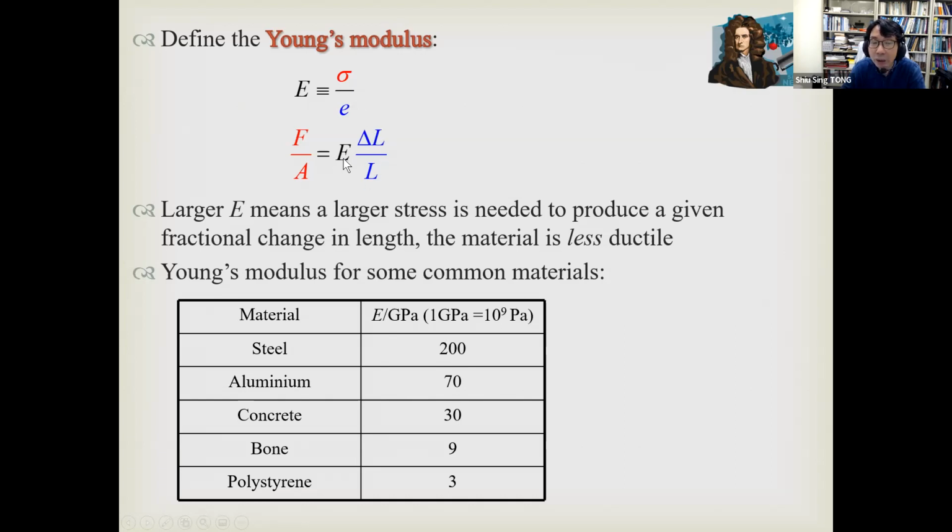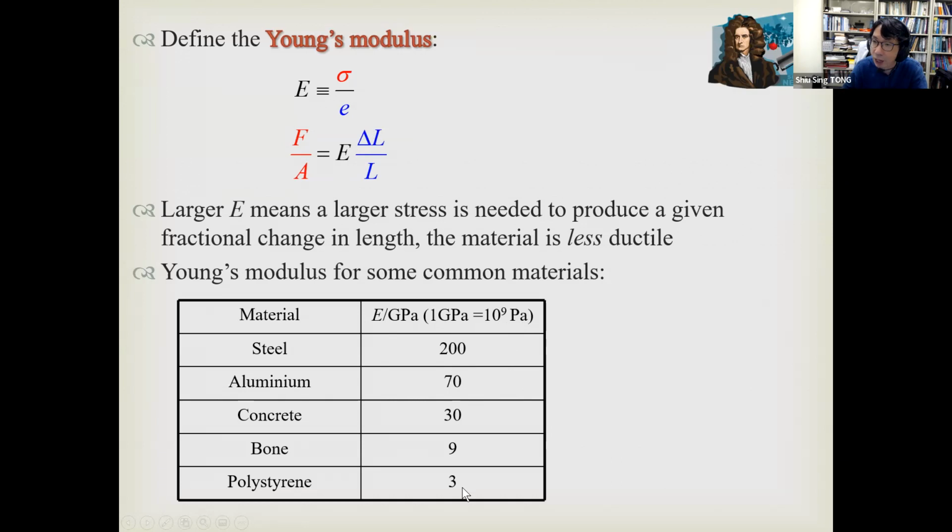So the unit for the Young's modulus is the same as the unit of stress, which is the same as the unit of pressure. Since the value is large, we usually measure in gigapascal, 10 to the power 9 Pascal. So steel has 200 gigapascal of Young's modulus.